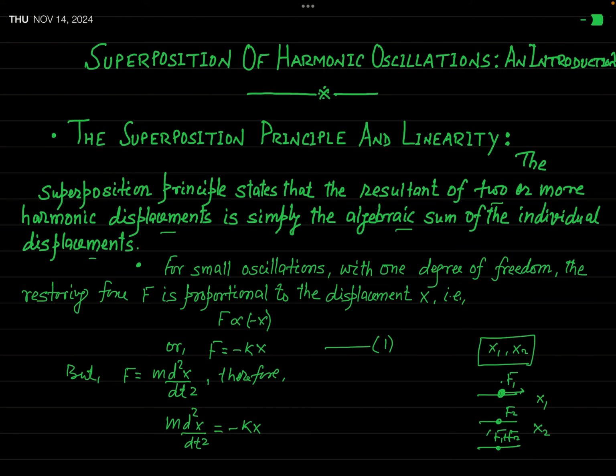If F1 plus F2 is applied on the oscillator, what will be its displacement at any time t? According to the superposition principle, this x will be simply the algebraic sum, or you can say the vector sum, of x1 and x2. This is the superposition principle in its basic form.